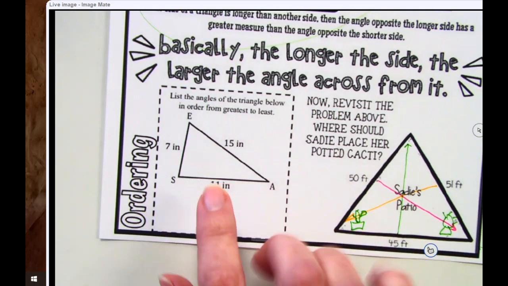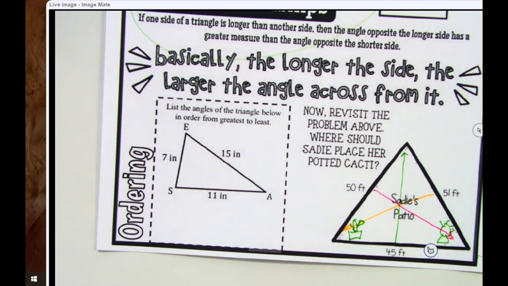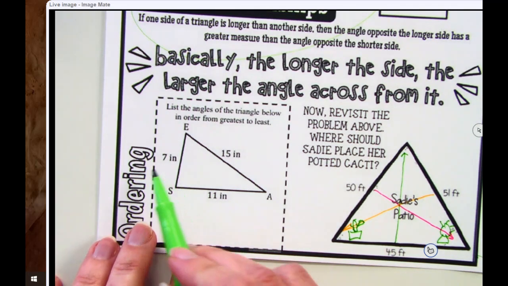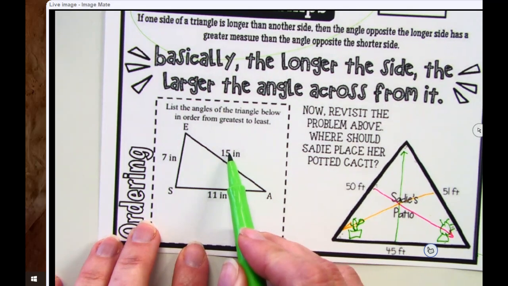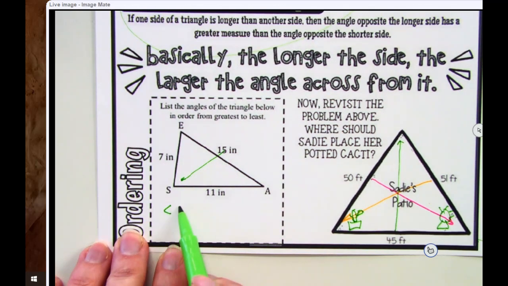So then I look at this one, list the angles of the triangle below in order from greatest to least. So I need to pay attention to that. It wants the biggest one first. So let's see, I look for my biggest side, which is 15. Side opposite from it is, so angle S is my greatest.